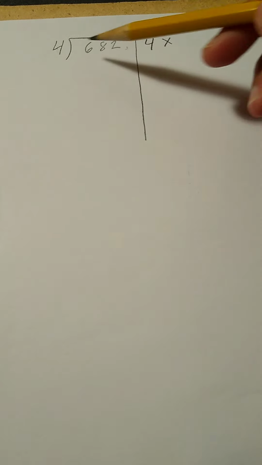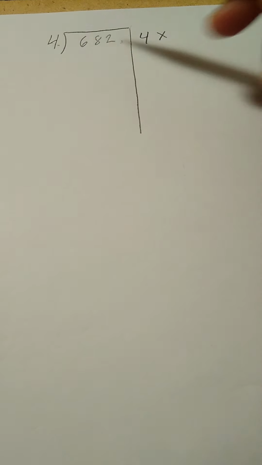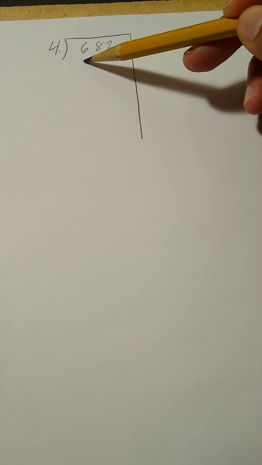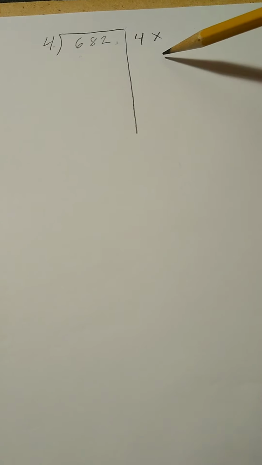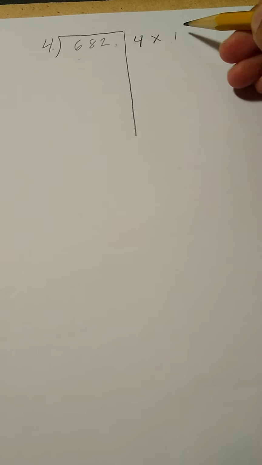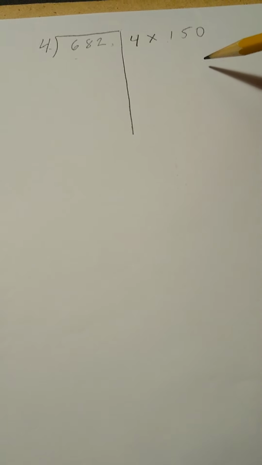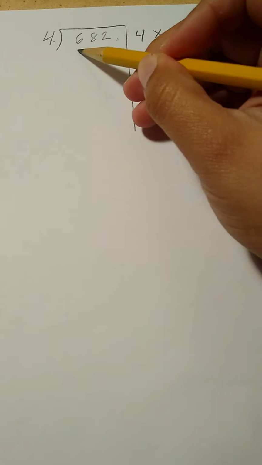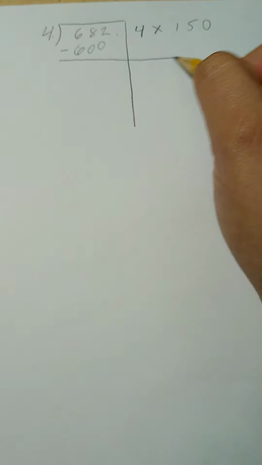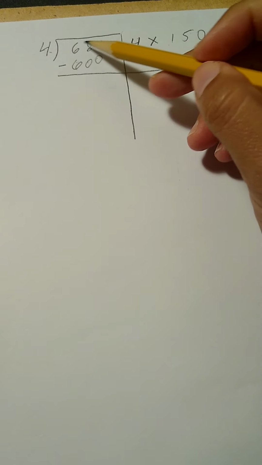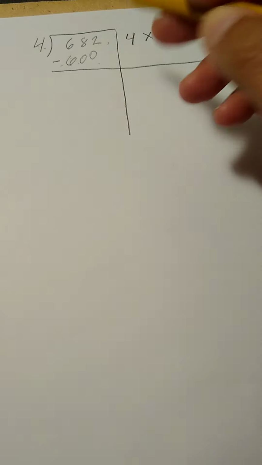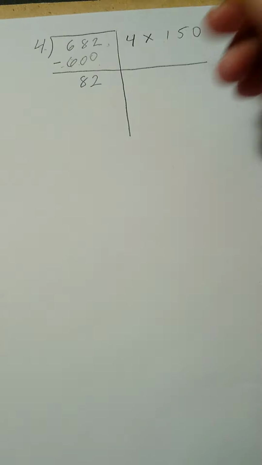Let's see what number 4 can multiply to estimate at least between 550 and 600. So 4 times 150 will give you 600. And of course you subtract, bring the line all the way. 682 take away 600 will give you 82.